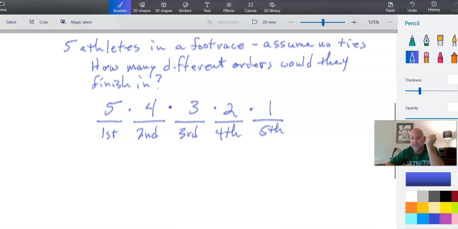And so what we've done is we've essentially gone 5 times 4 times 3 times 2 times 1. And that computation, taking a number and then multiplying it by every integer less than that number, pops up often enough that we have a function for it.